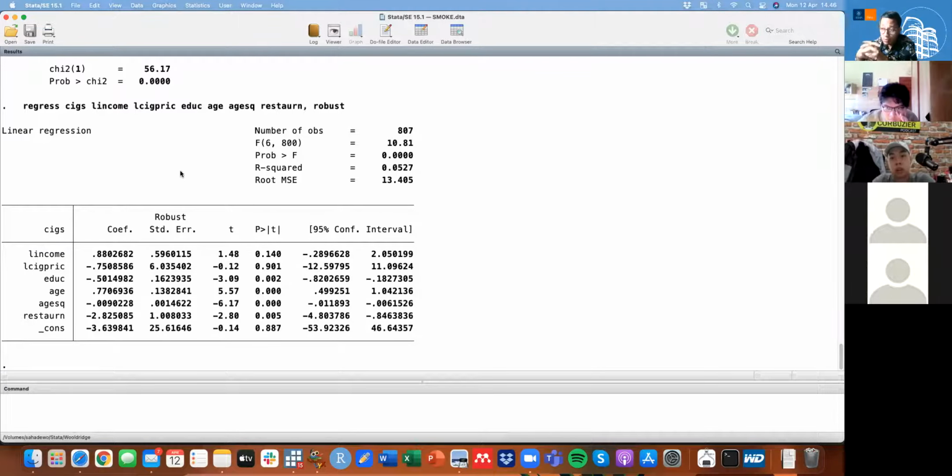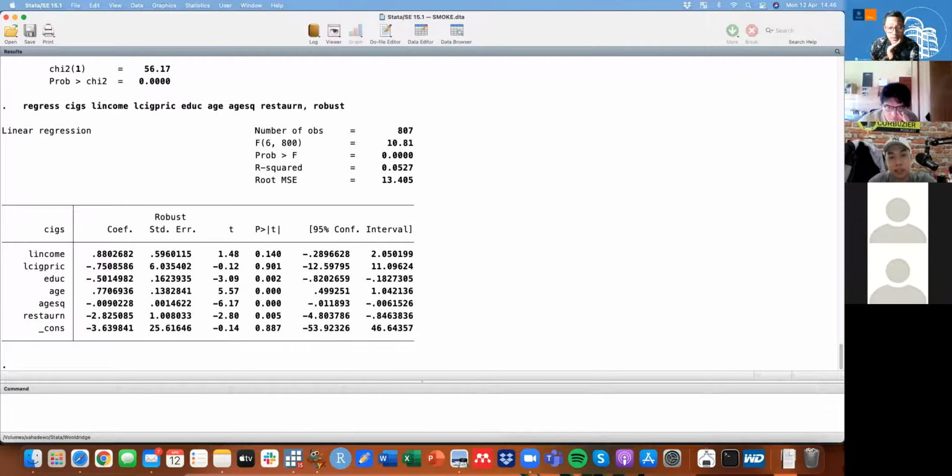Now, given that we use the heteroskedasticity robust standard error, the t-tests are valid. The f-tests are also valid, and so are the confidence intervals, since you have the estimated standard error and the p-value. Given the heteroskedasticity robust standard error, you can now do inference. So that's the idea of heteroskedasticity robust standard error.